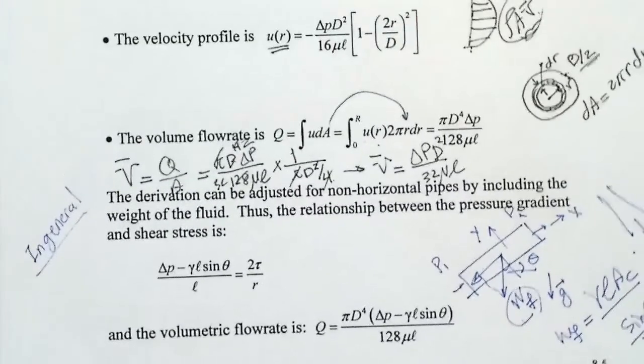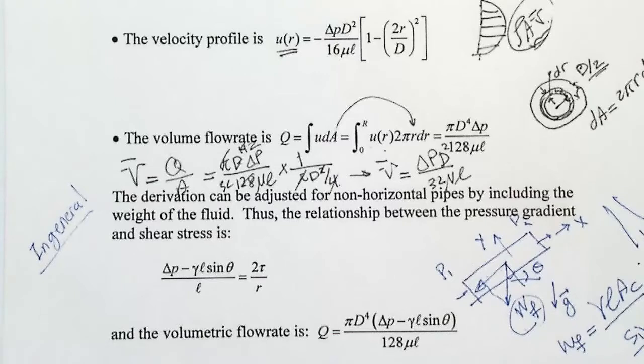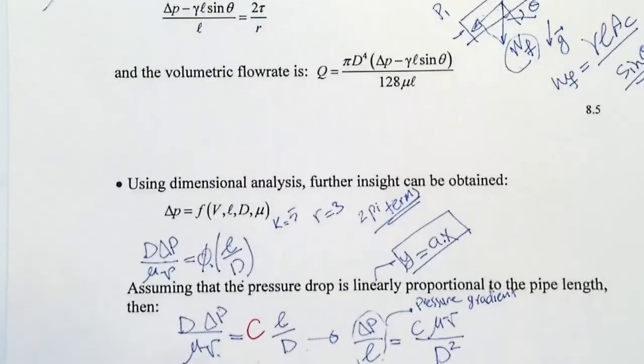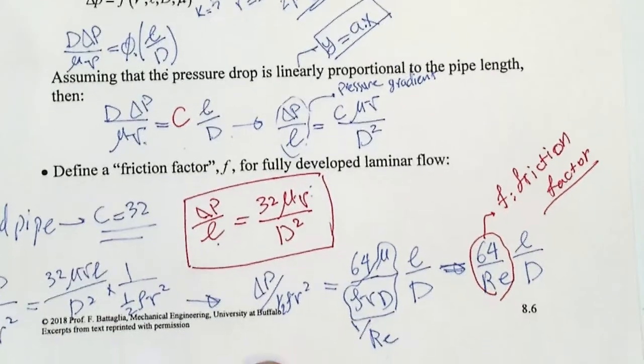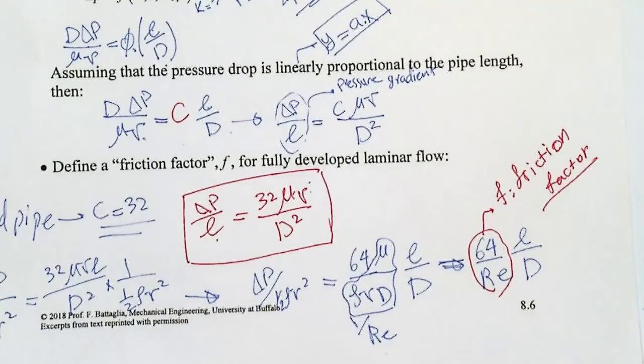Absolutely, you can find delta P by getting the velocity profile and also getting the tau, and at different R we can find what the pressure drop is. But also by knowing the Reynolds number, you have another equation, that delta P is related to the friction factor 64 over Reynolds and L over D. That's another equation that you can use for finding delta P.